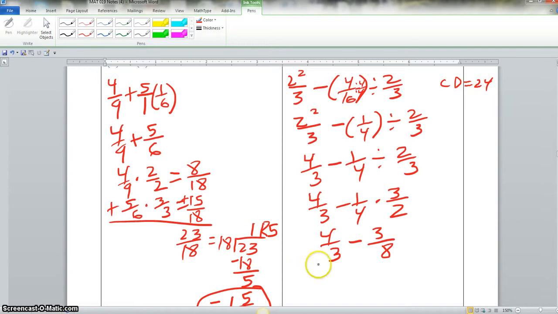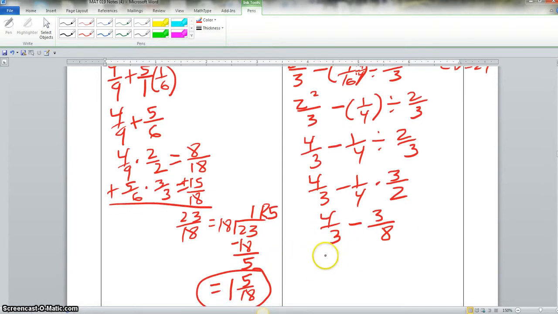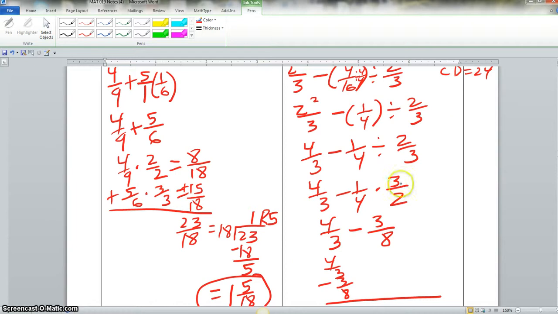So we'll say 24, well first let's line this up vertically. We have 4/3 minus 3/8. And we know our common denominator is 24. So we'll say 24 divided by 3 is 8. So we'll multiply the numerator and denominator by 8. And then 24 divided by 8 is 3.